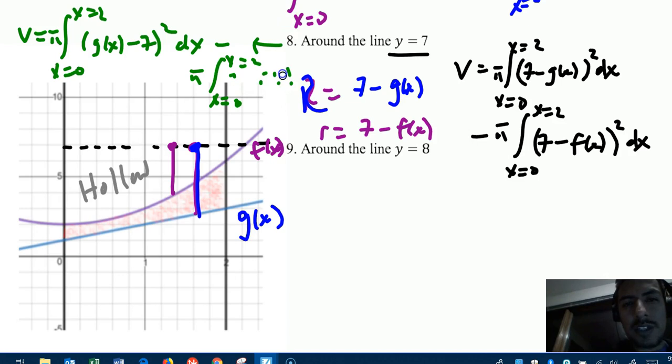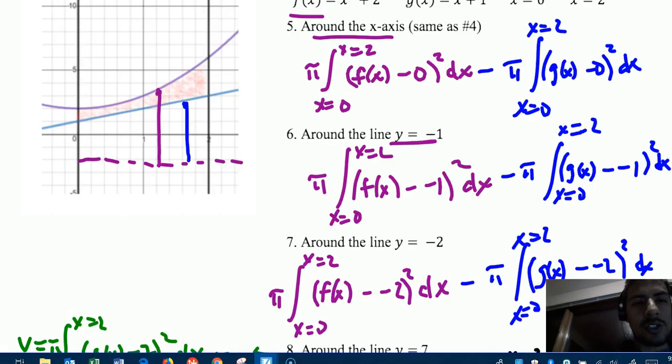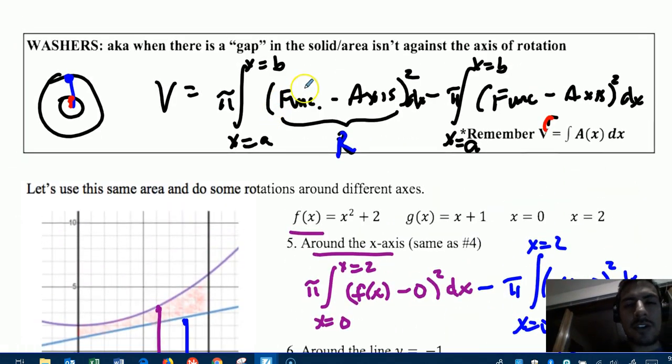And the only reason I'm writing this different setup down for you is because if you are stuck in the pattern, if you just really get the pattern and you don't like changing it, there is an alternative. Because I told you that the volume of a washer is going to be the function minus the axis squared minus the function minus the axis squared for a big radius and a small radius.